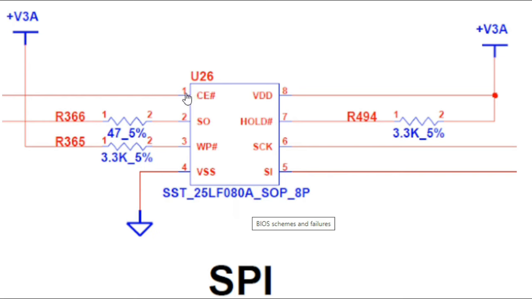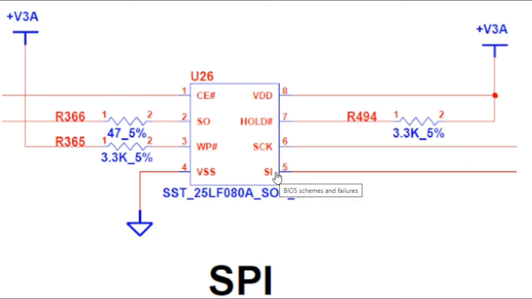Okay, so we have the first pin here, CE. This is basically the output. Here we have the write protect. This is the VSS. Always the pin number 4 of the BIOS is connected to the ground. We have VSS. This is the VDD. Always the pin number 8 is connected to the 3 volt.